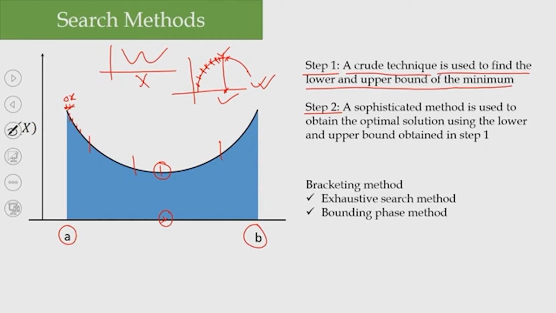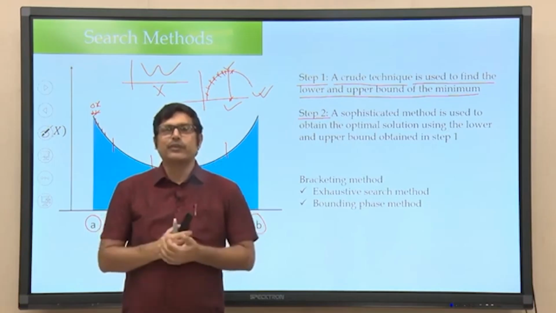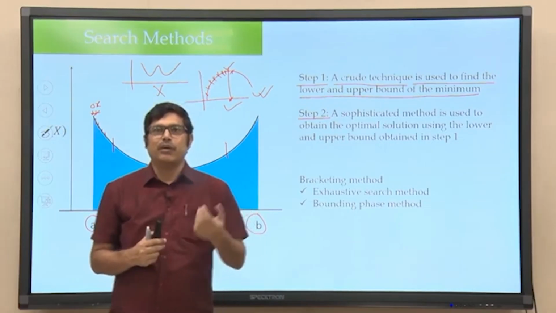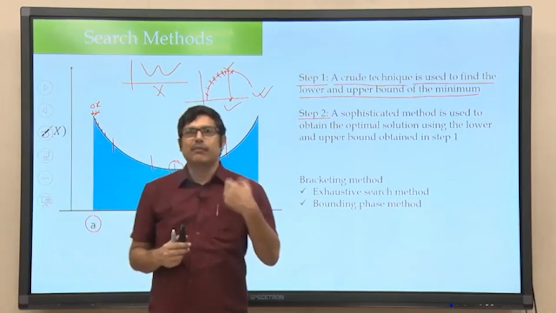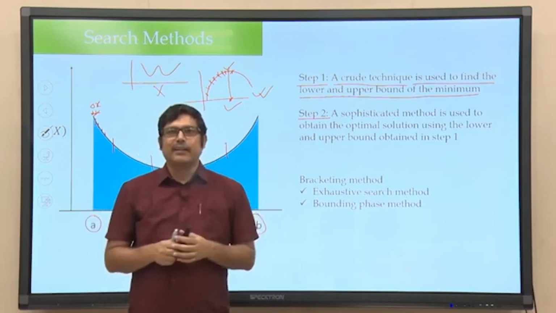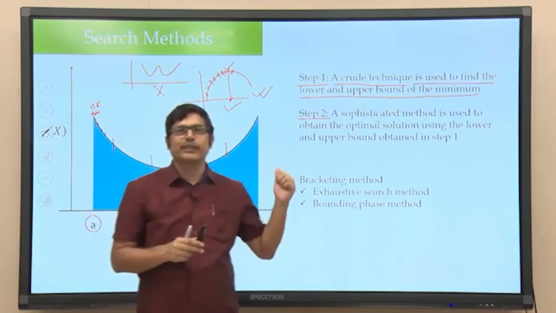In the first step I am applying a crude algorithm. It is not a very sophisticated algorithm, but it is very efficient in terms of computational time. That means, with a very small number of iterations, I can bracket the optima. So, I can say that the optima is between these two points. That is the objective of step 1.